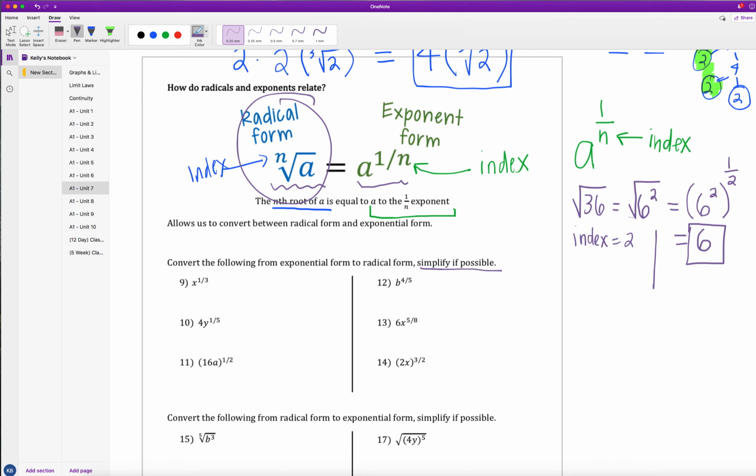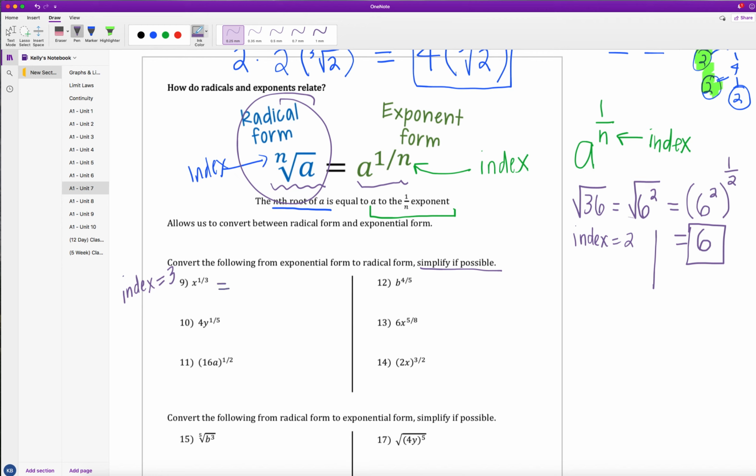In example 9, this says x to the 1/3 power. So we're starting over here in exponential form. Remember, our denominator of our fraction is our index. So what that tells me then is in example 9, our index is equal to 3, since I have a 1/3 as my exponent.